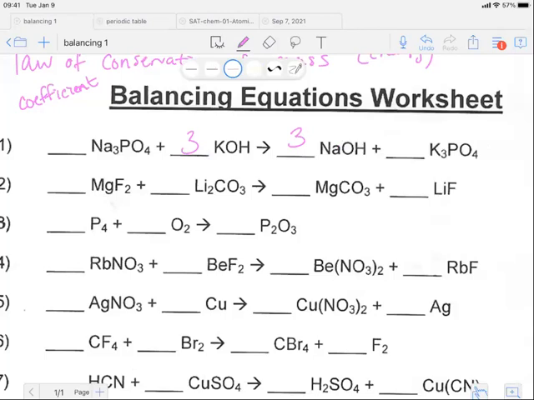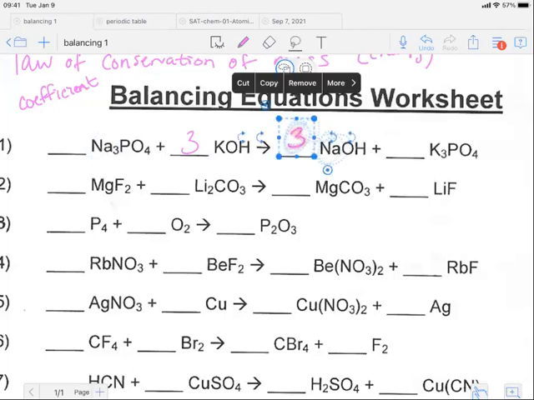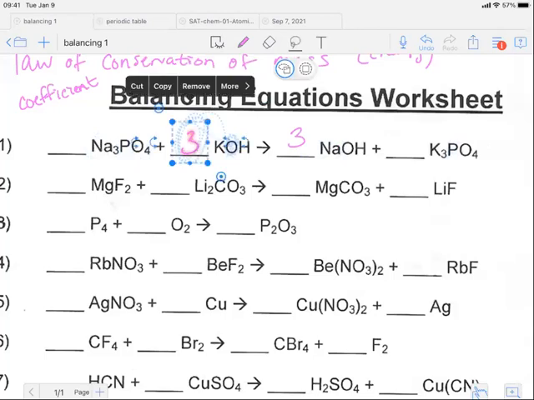So starting with Na, it is 3 on here, and this 3 in front makes it 3. Next is P, there's only 1. Over here, 1. Oxygen, here's 4 plus 3 is 7.